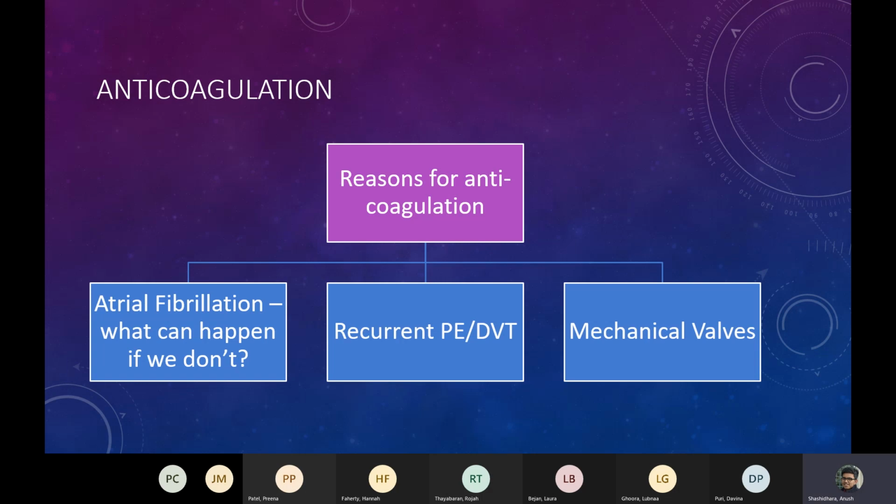Stents is a very good point. I haven't put stents, but yeah, depending on the stent, you would consider anticoagulation. Yeah, so recurrent thrombus, thrombi, PE, DVT, that kind of thing you would anticoagulate for as well. So yeah, stents are also important. Certain stents may need anticoagulation, certain may not.